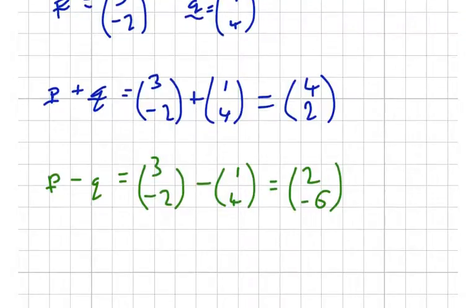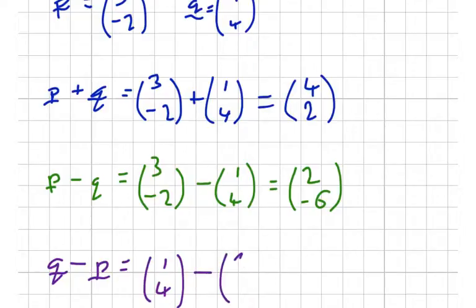And we could also do Q minus P. In this case we would get (1, 4) minus (3, -2), which is equal to 1 minus 3 is minus 2, and 4 minus minus 2 is 4 plus 2 is 6.